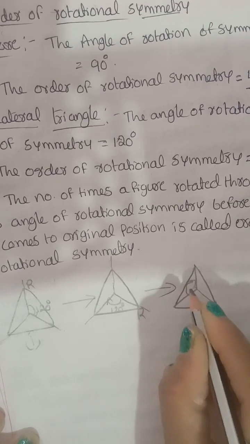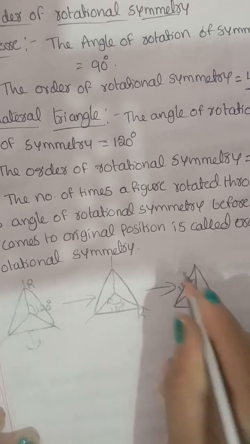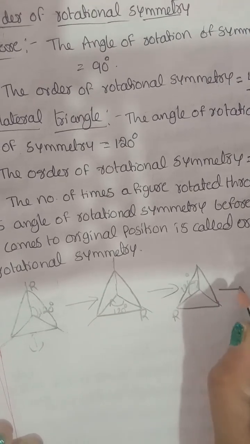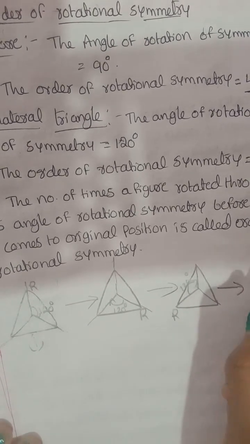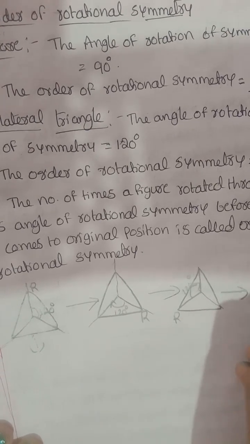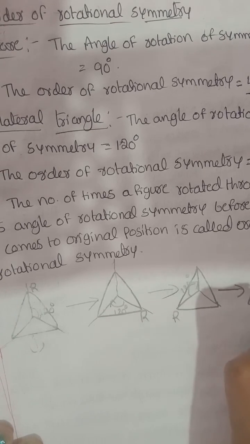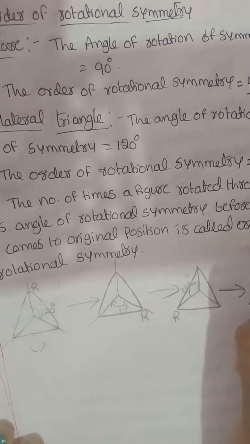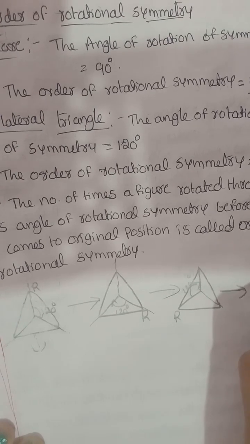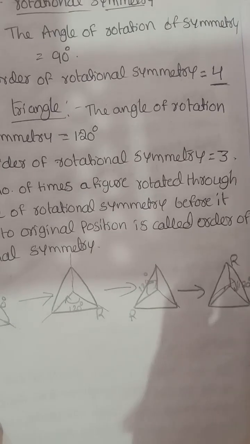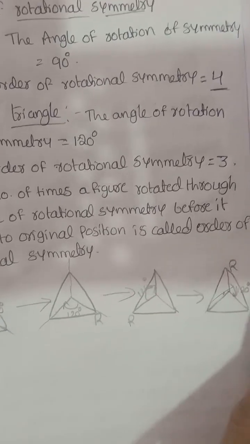Then again this one is rotated by 120 degrees, and here is the position. So after 3 times, we get the original position again. Okay? Are you okay Gagan Sai?